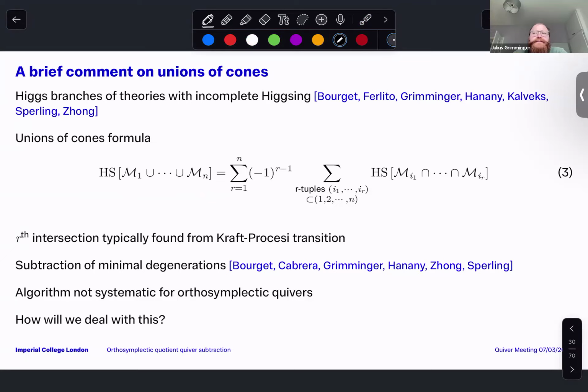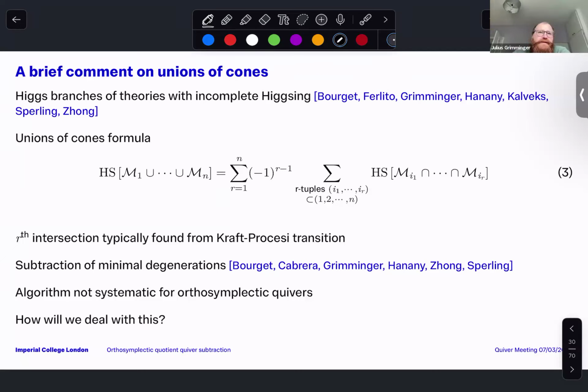But you can have several cones which intersect even if there is complete Higgsing, right? I mean, it's not the same thing. Are you saying the two are related, or did I misunderstand? So I'm saying typically when there's incomplete Higgsing, you will find unions of cones. Maybe not exclusively.